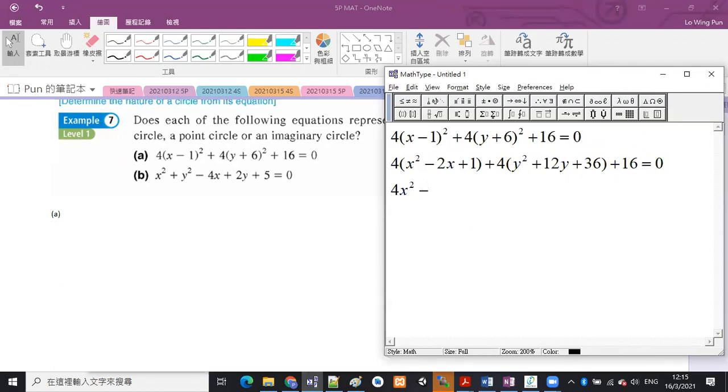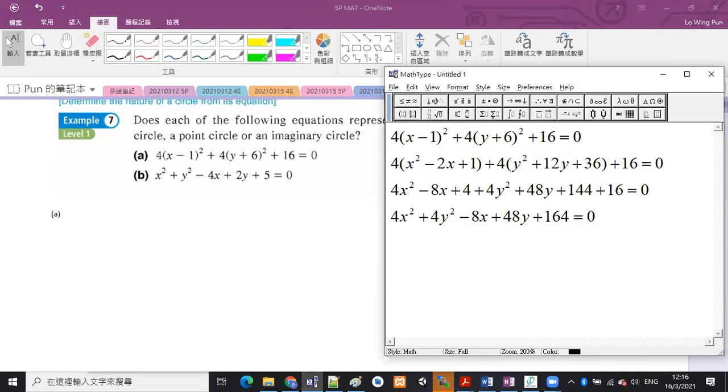So 4x squared minus 8x plus 4, and then plus 4y squared plus 48y plus 144 plus 16 is equal to 0. And then we arrange the terms into correct orders. 4x squared plus 4y squared, and then minus 8x plus 48y, and then plus 164 equals 0.